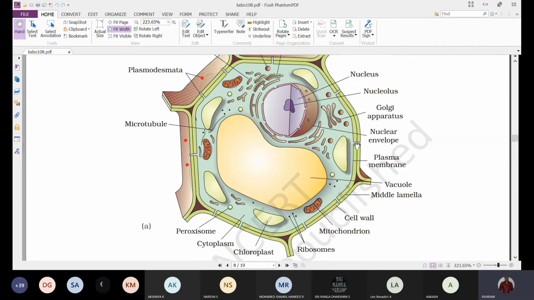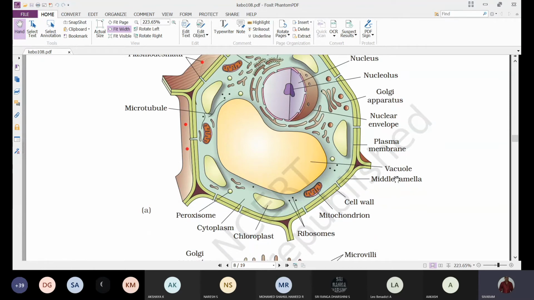Towards the inner side we'll find the cell wall, and towards the inner side of the cell wall, we'll find the plasma membrane. So the middle lamella is the common layer present between the adjacent cells. That's what we can see here. So the middle lamella is present at the center, and this is the cell wall of this plant cell, and this is the cell wall of the adjacent cell. In between we'll find the middle lamella.